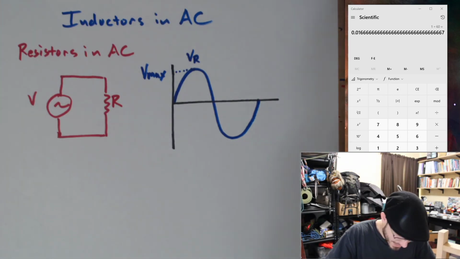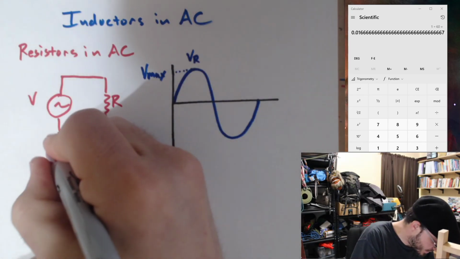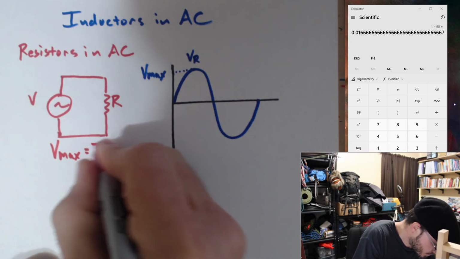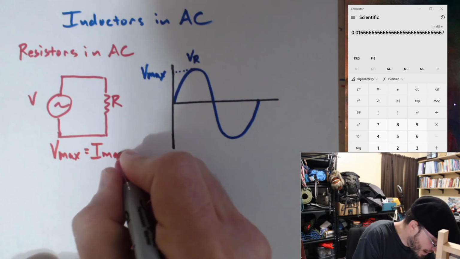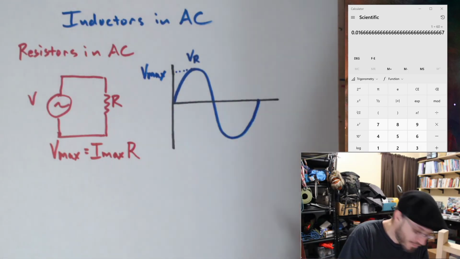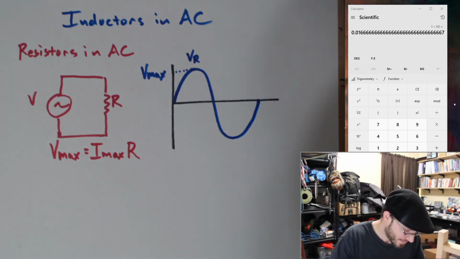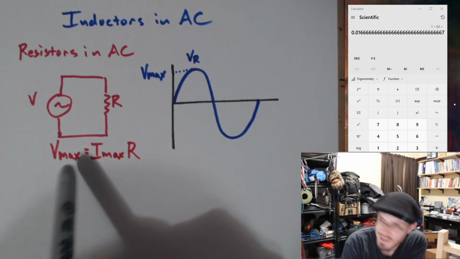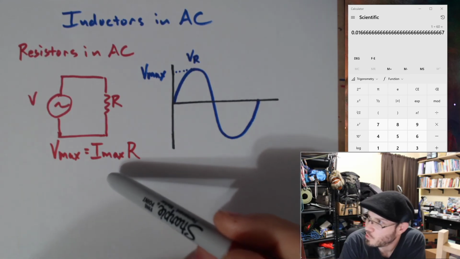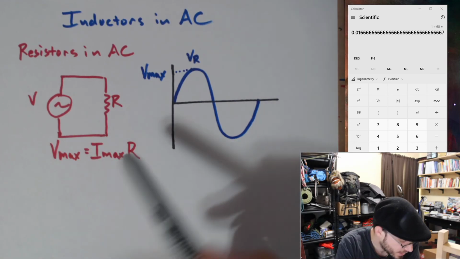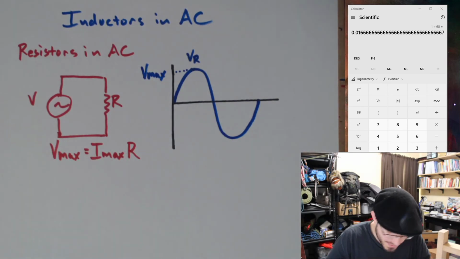So let's go ahead and let's say V max is equal to I max times the value for our resistance. Right? This is the relationship between the current and the voltage. We just take the current, multiply it by the resistance, and we get the voltage.